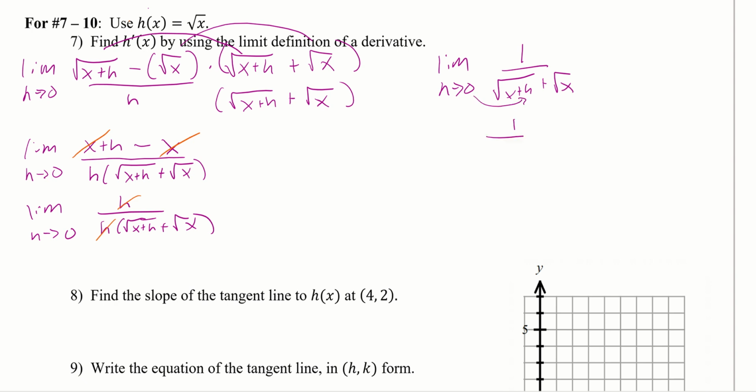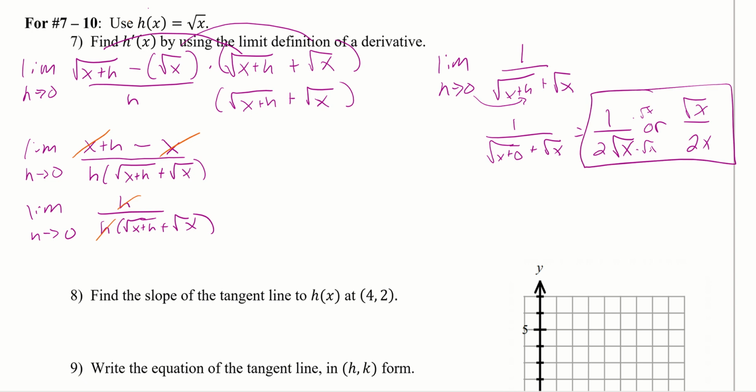So we end up with 1 over, notice whenever I take that limit, we get rid of writing the limit. And that simplifies to 1 over 2 root x. If we don't want the root in the denominator, multiply top and bottom by root x, so we'd have root x over 2x. Either one is fine.